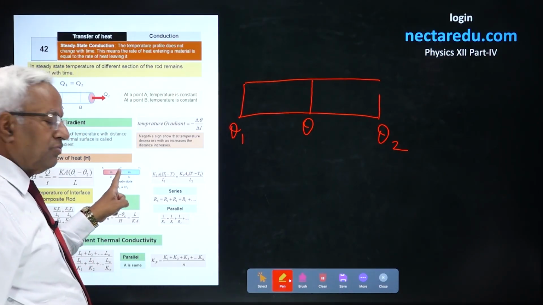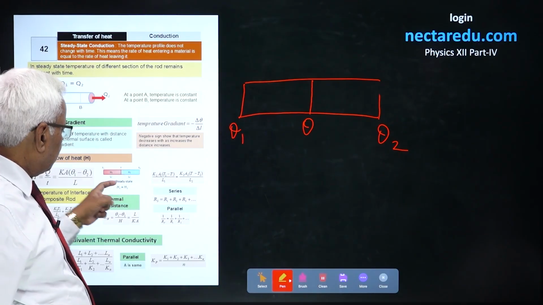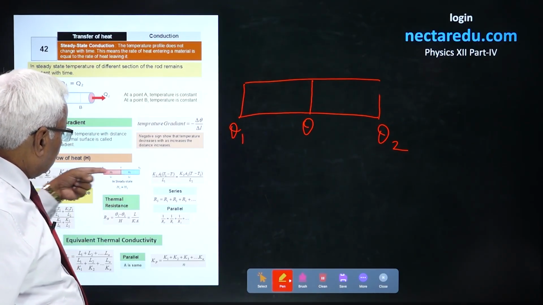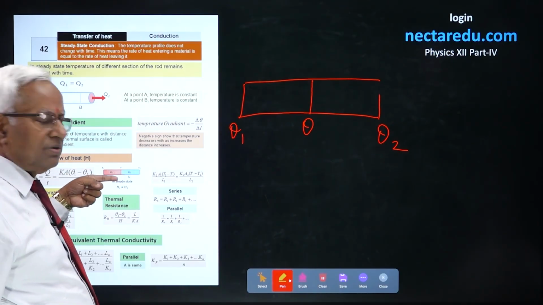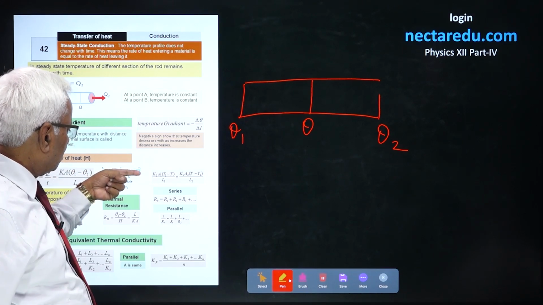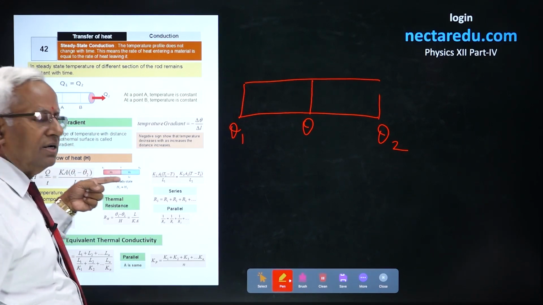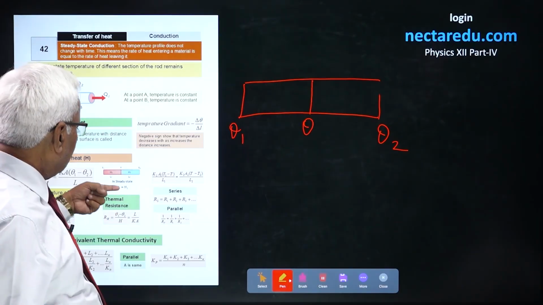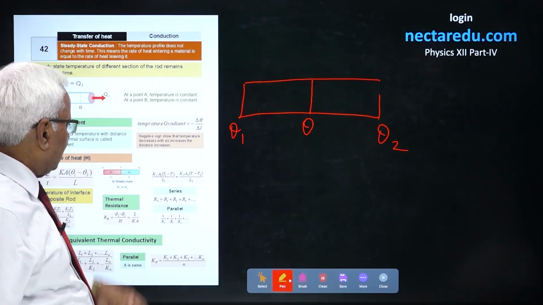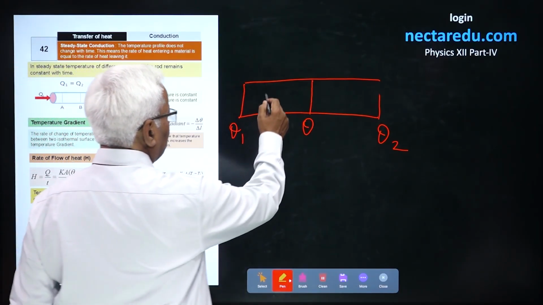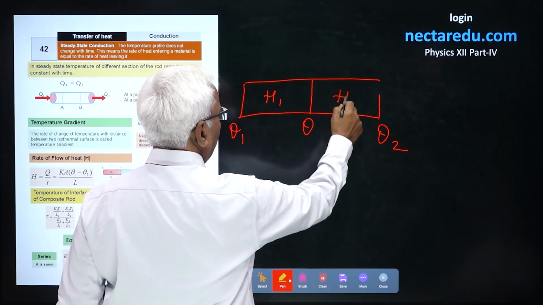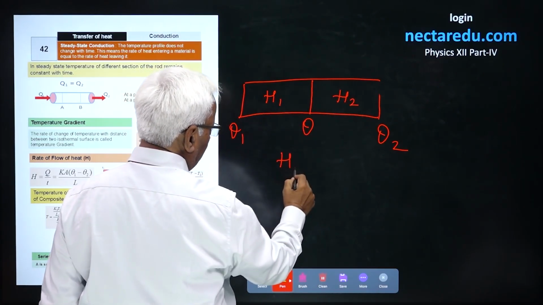Our aim here is to find the temperature of this interface. This is the thermal flow or rate of flow of heat. Here also H1 and H2 are representing the thermal current, and their lengths are L1, L2. Because in a steady state, the rate of flow of heat is always going to be equal.